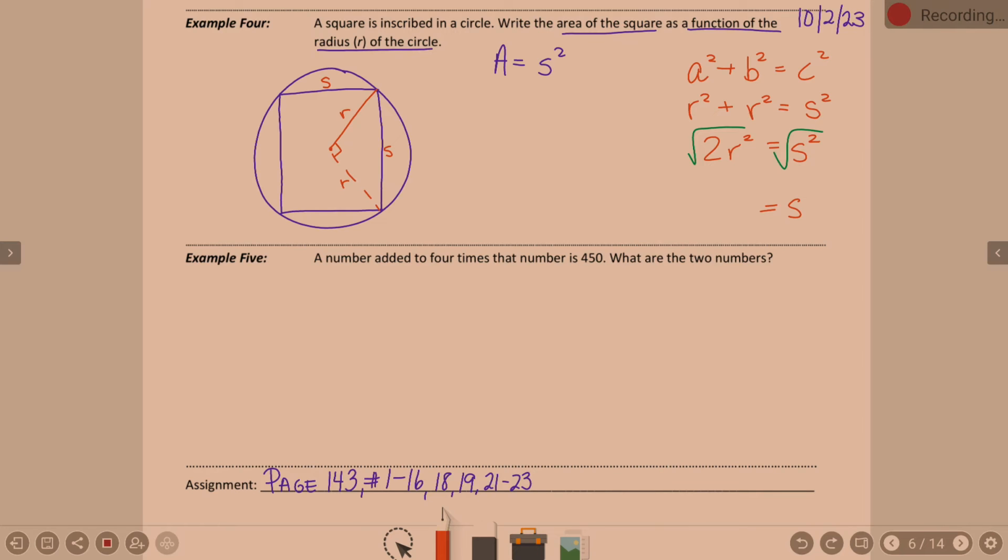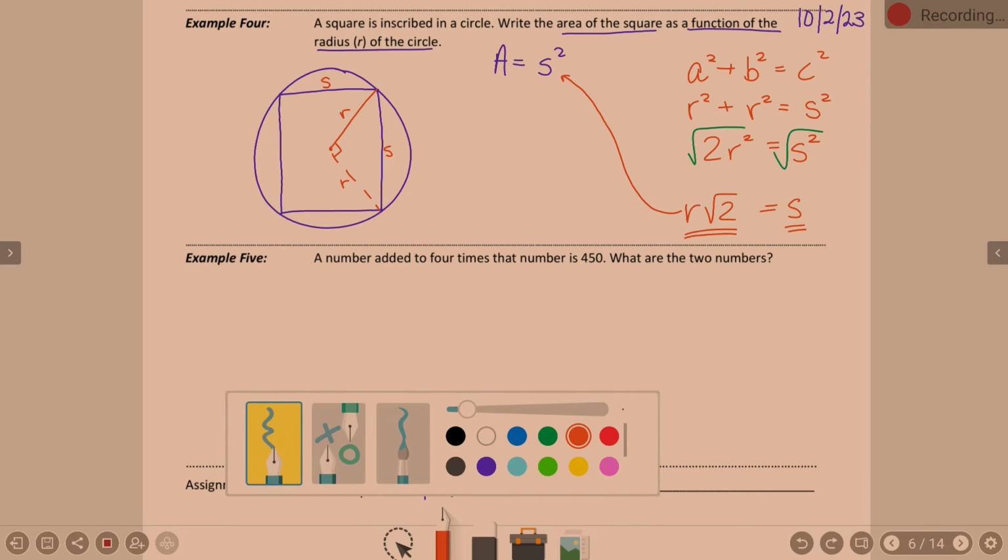What's the square root of R squared? R. So you could write this as R times the square root of 2. Now, we know that S equals this. What can I do with this? Put it into your equation.